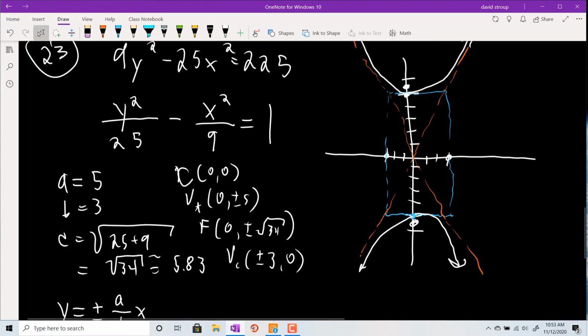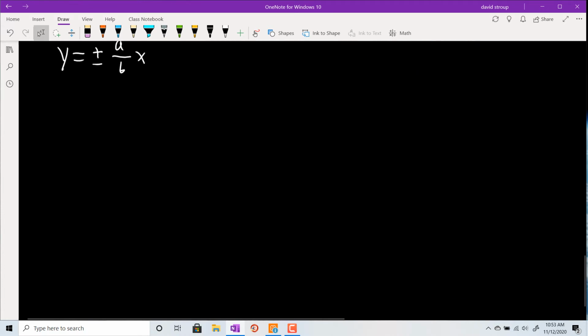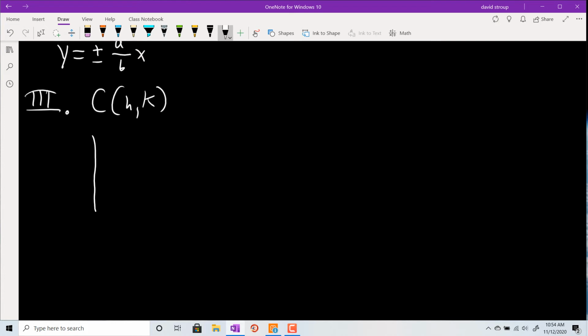Okay. Now we want to look at hyperbolas centered elsewhere, with different orientations. So it's not centered at 0, 0. So let's just put the center at h, comma, k again. Okay. So the picture this time, this thing will be centered at h, comma, k, and then we'll be going left and right by a, some a value.